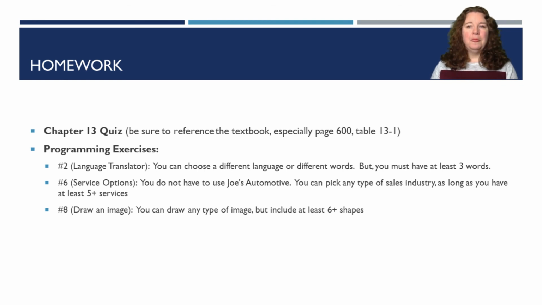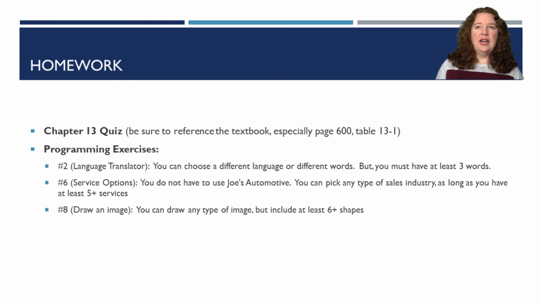That's number 2. Number 6 is a service option. So they give you, for Joe's Automotive, you can do these different things. I'd really rather have you pick a different sales industry as long as you have services. So this can be a nail salon, this can be hair, this can be something else. You want to build a new computer. These are aspects that you want to add to it.